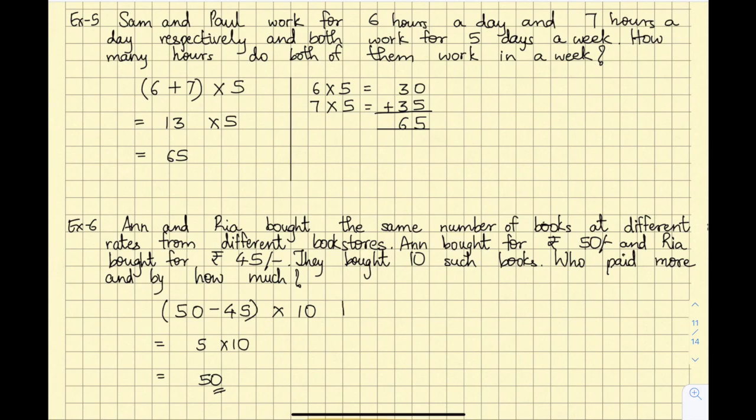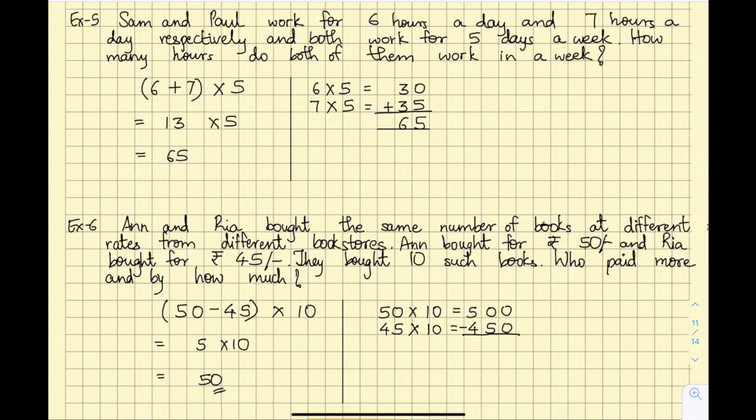The same thing if you would do without bracket, Anne bought 10 books at the rate of 50. So 50 into 10 gives 500. Whereas Ria bought 10 books at the rate of 45 rupees, which is 450.